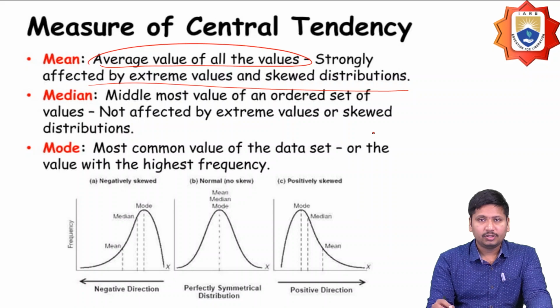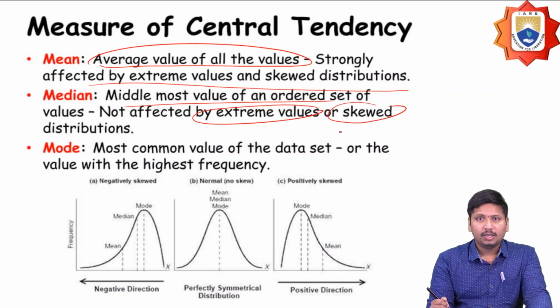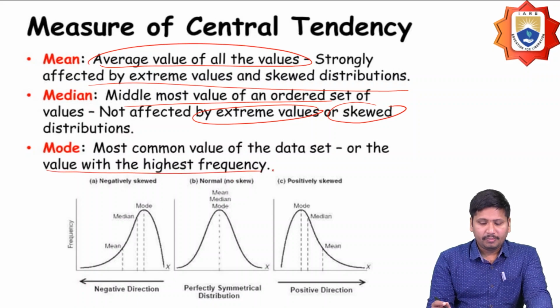Whereas the median is the middlemost value of an ordered set of values, which is not affected by the extreme values or skew distributions. And the most common value of the data set, or the value of highest frequency, should be considered as the mode here.